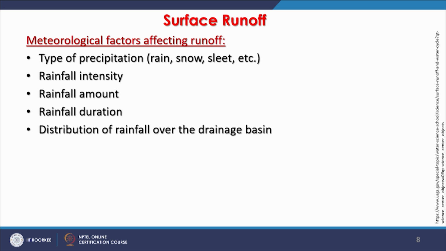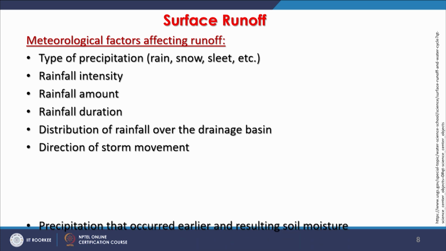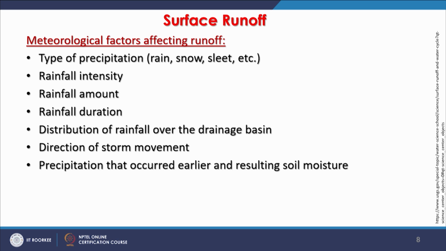So, the distribution of rain over the drainage basin also influences surface runoff, as does the direction of storm movement, from where things are moving, and precipitation that occurred earlier and the resulting soil moisture. As I have said, initially in pre-monsoon, the soil from the top to a few feet may not have much moisture.